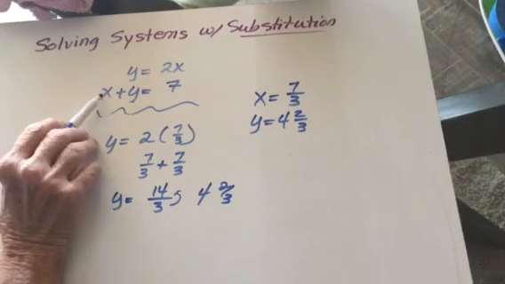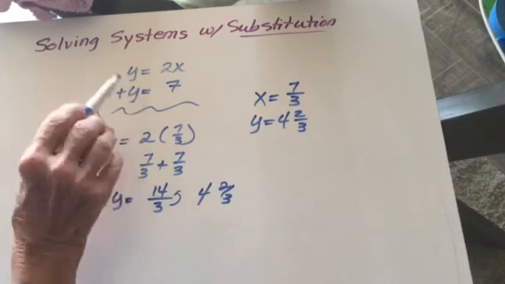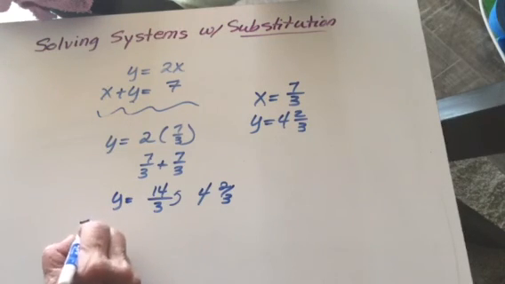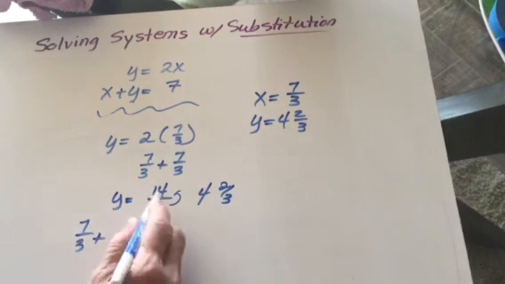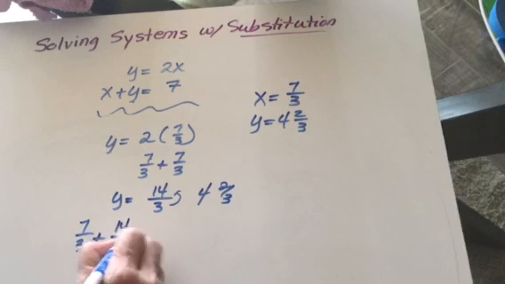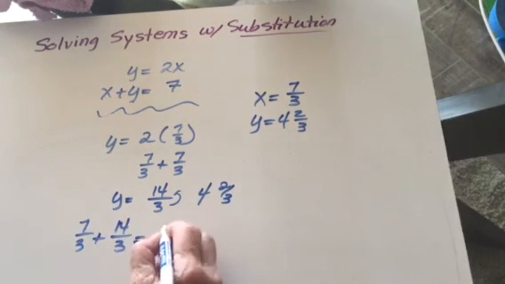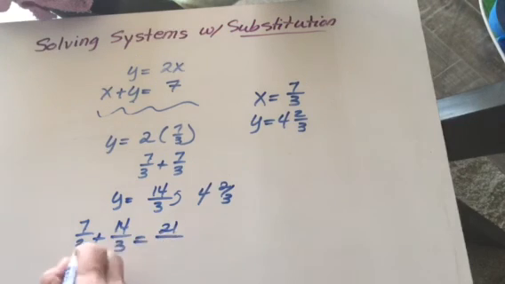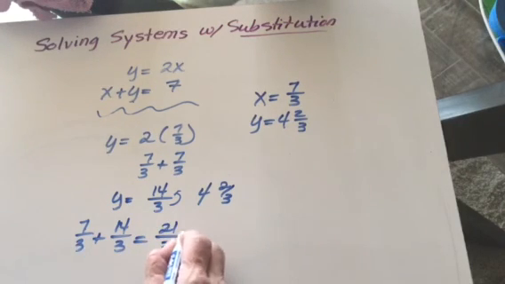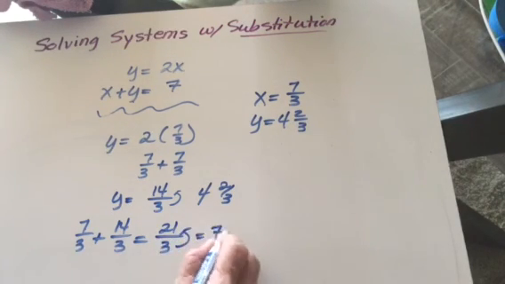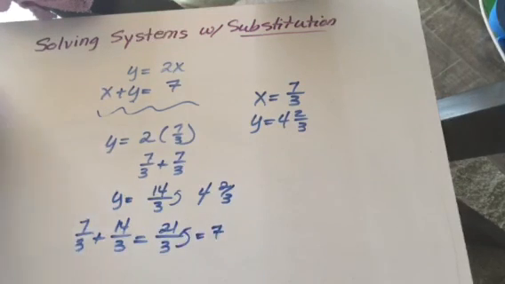When I add 7/3 plus 4 and 2/3 together, I'll just say 14/3 for right now. 7 plus 14 is 21. I have 21/3. When I divide that, I get 7. So my answer is correct.